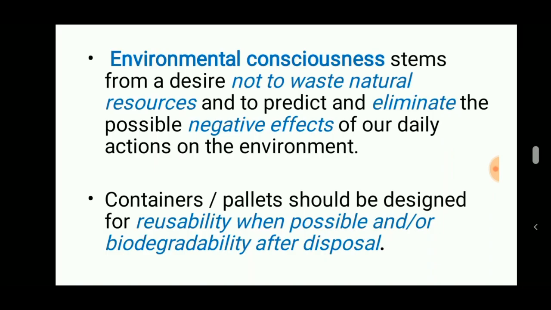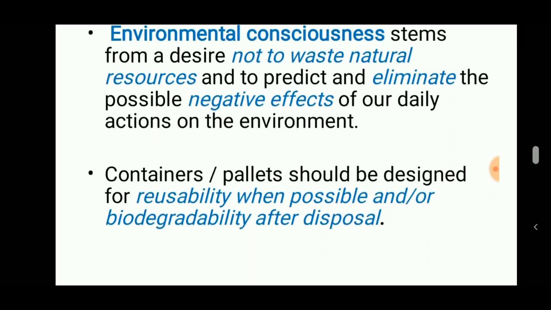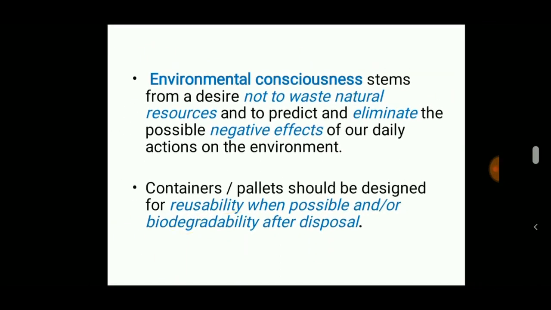So we should not disturb those environmental factors, so that we feel safe. We should not waste natural resources, and should predict and eliminate the possible negative effects of our daily actions on the environment. Containers and pallets should be designed for reusability when possible and for biodegradability after disposal.